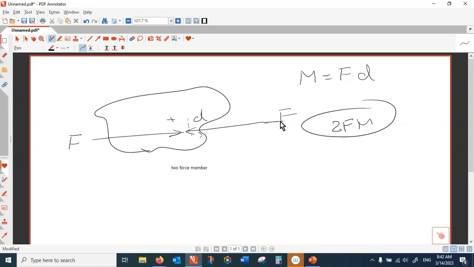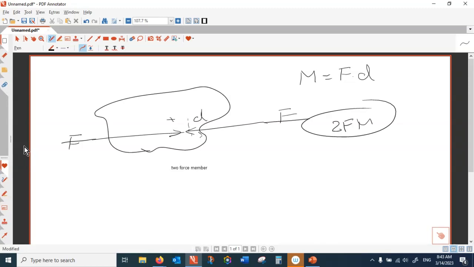If I draw the line of action of this one, and I draw the line of action of that one, they coincide, right? So let's memorize this recipe. A two-force member. From now on, two-force member is a very important family of the structures.